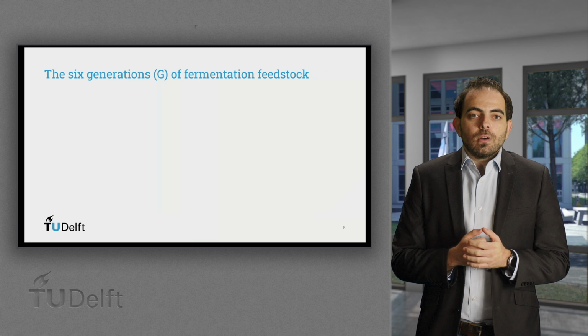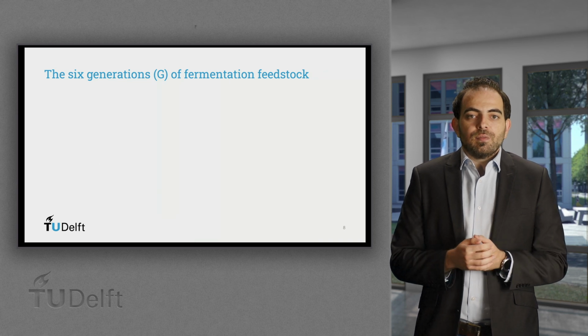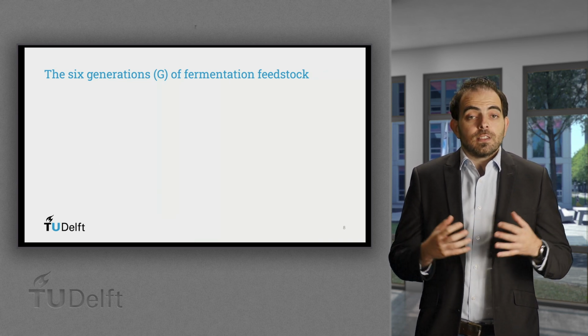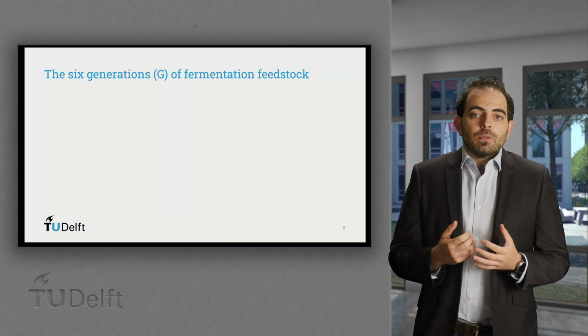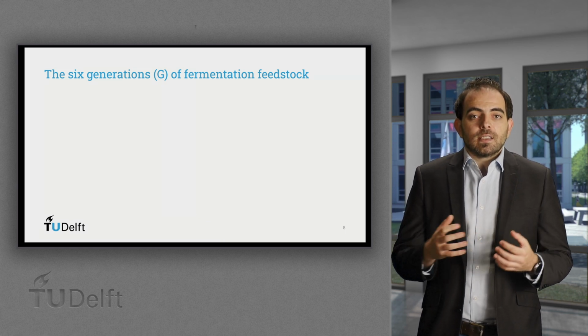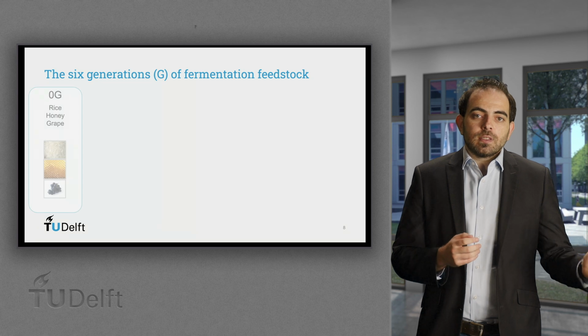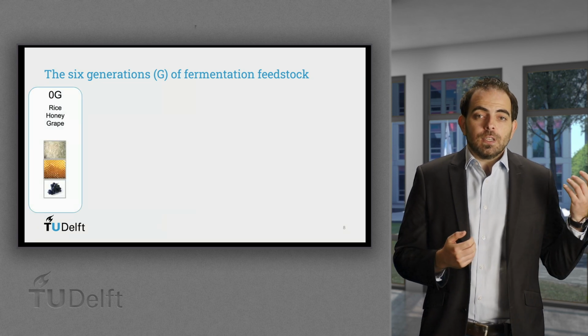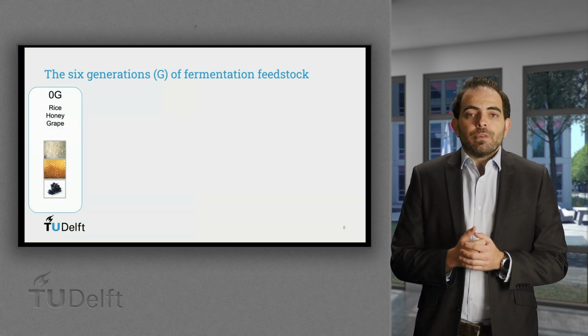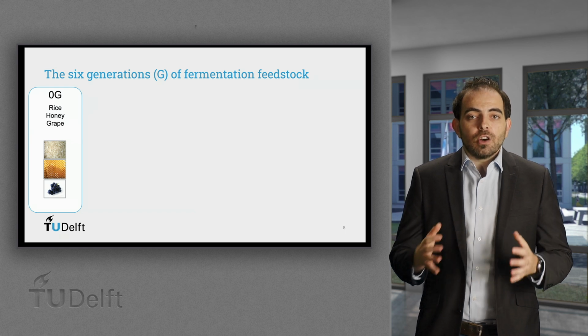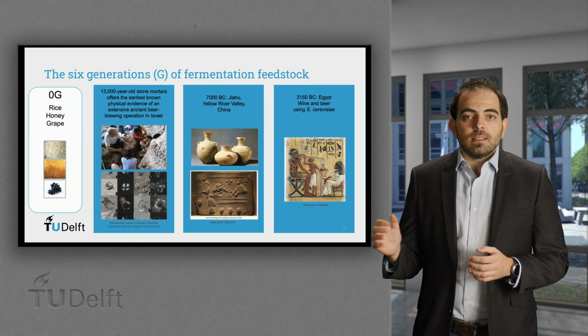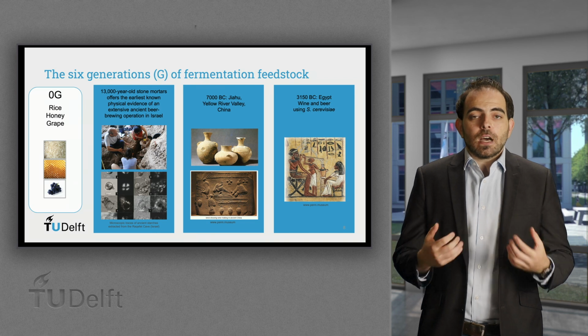An important technical, economical, and sustainable aspect of biotechnological processes is the feedstock used. Fermentation feedstock can be categorized in 6 generations. Generation 0 dates back thousands of years, with first evidence of fermented drinks from rice, honey, and grapes, using yeast dating as far back as 11,000 years BC.